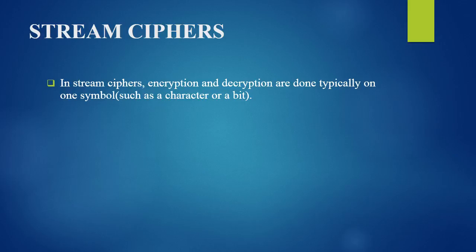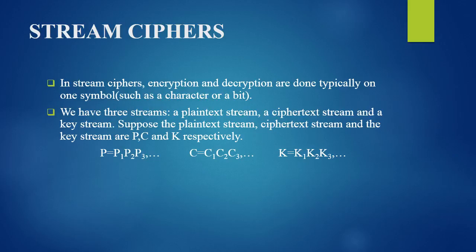Stream ciphers are called stream ciphers because we have three streams: a plain text stream, a ciphertext stream, and a key stream. Suppose that the plain text stream, ciphertext stream, and key stream are P, C, and K respectively.